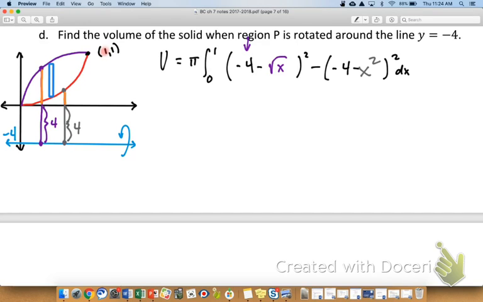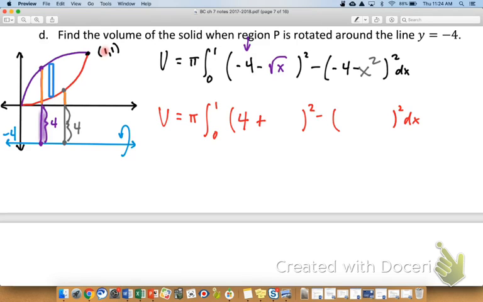And I've got it. I do want to say that somebody could easily write this, and I hope this would make sense to you. They write integral from 0 to 1, big radius squared minus little radius squared dx. And they might approach this a little bit differently. They might say, wait a minute, if this purple part is 4, then isn't the radius 4 plus something?